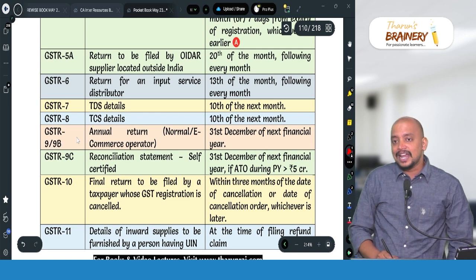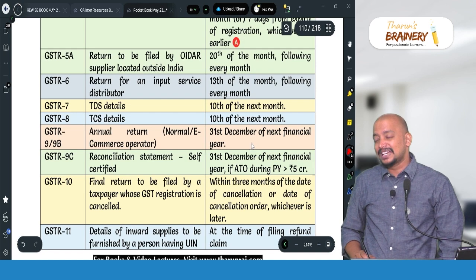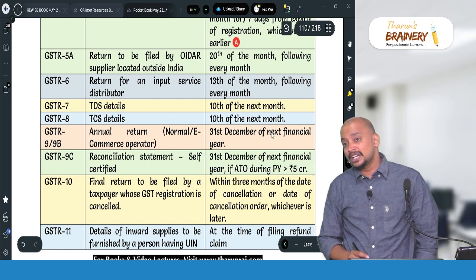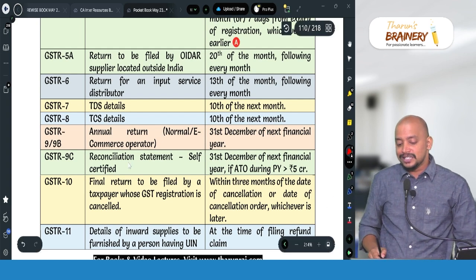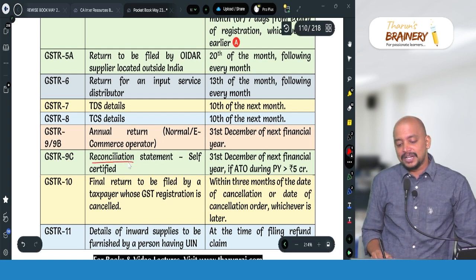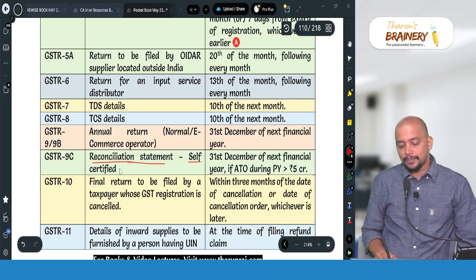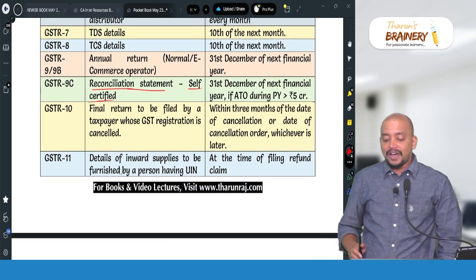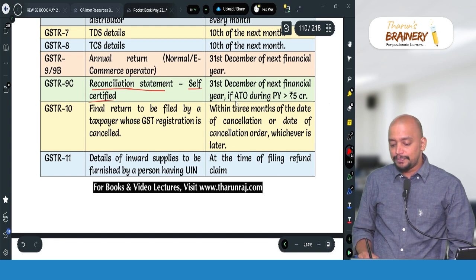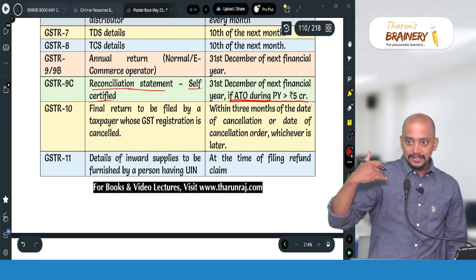GSTR 9, 9B, 9C, so annual return needs to be filed by 31st December of the succeeding financial year. GSTR 9C was previously audit report, but now it is a reconciliation statement, self-certified reconciliation statement. And when will this GSTR 9C be applicable? If aggregate turnover during the previous year, meaning completed year, exceeds 5 crores.